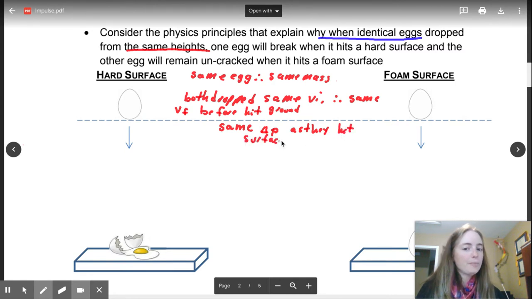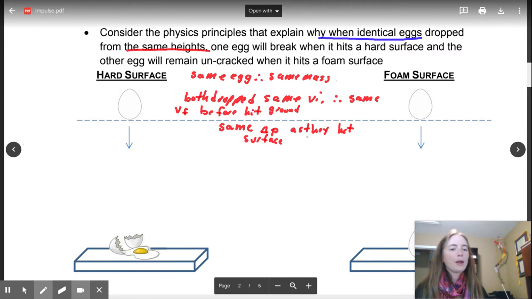In the time that they are in contact with that ground, they're going to have the same velocity, like a millisecond right when they touch the ground. However, eventually they're going to stop, and therefore their vf is going to be 0 when they're in contact with that.